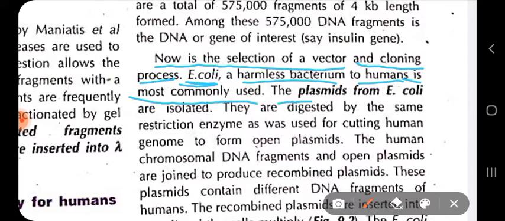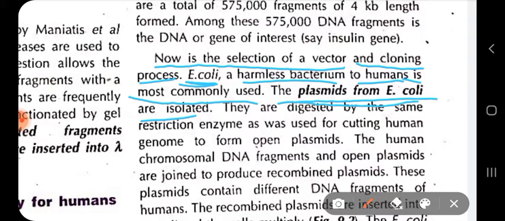They live in the gut of humans and are most commonly used. So, plasmids from E. coli are isolated and modified by inserting a suitable selection marker, where we can observe whether our desired DNA is properly present or not.